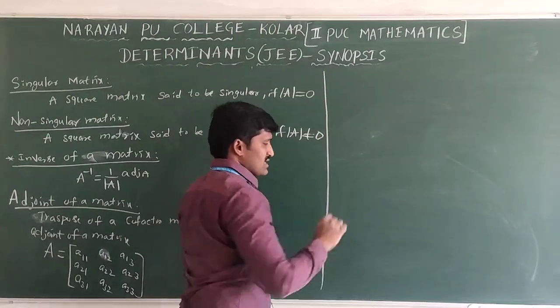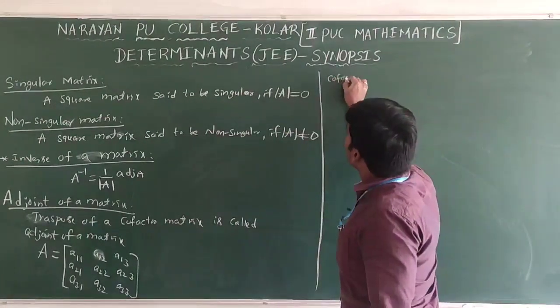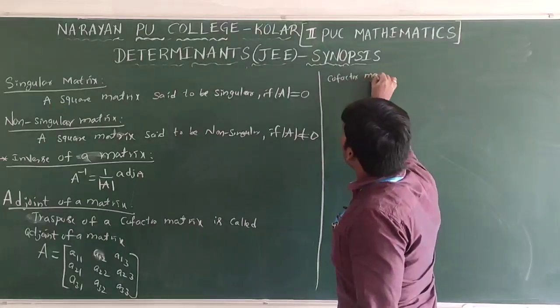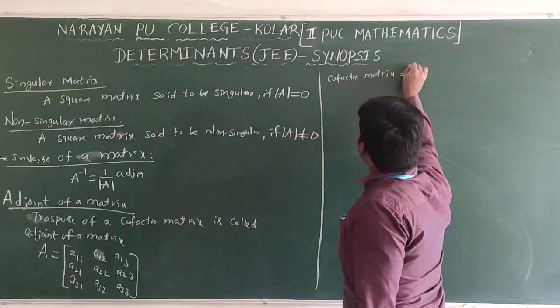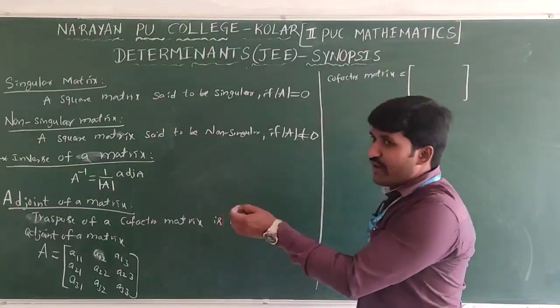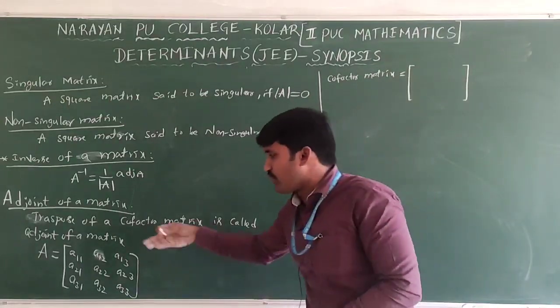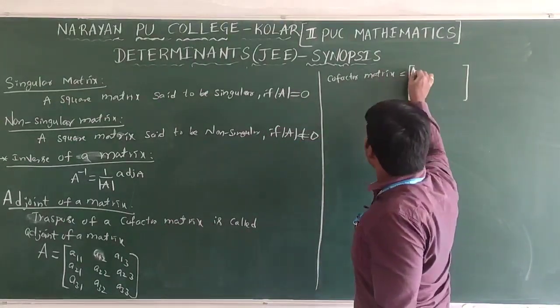Already just now we discussed, for each element what is my cofactor matrix? The cofactor matrix is nothing but, for each element we need to find the cofactor, and all replaced in that place, that is called a cofactor matrix. For small a11, what is the cofactor?